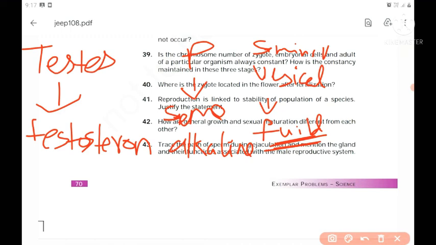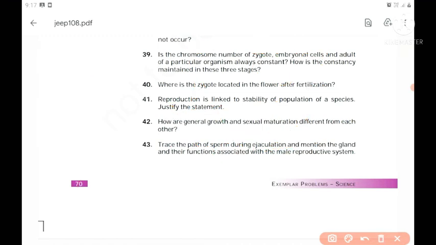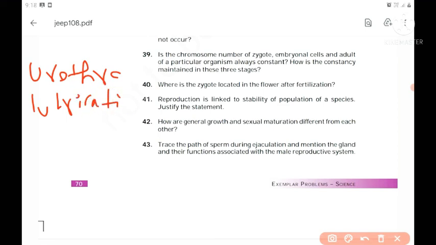Next is Cowper's gland. And let me explain that. Urethral lubrication, and neutralizes the acidic traces of urine.